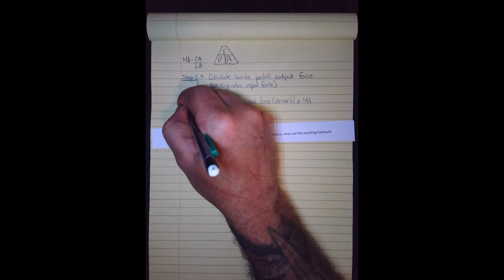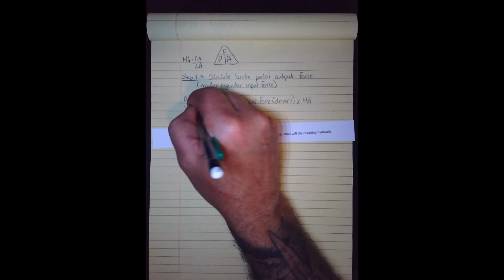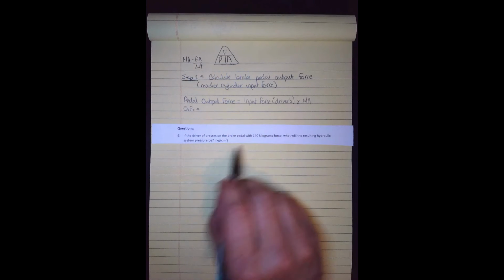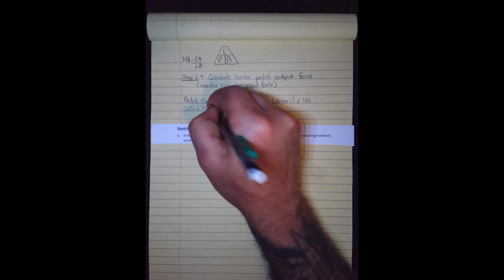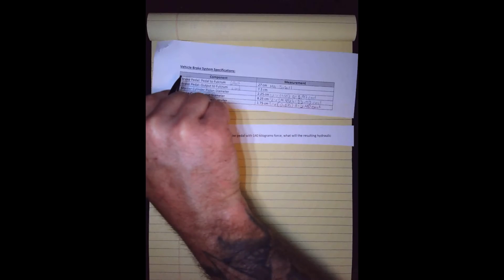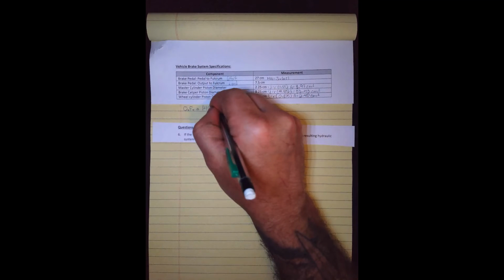So we'll go output force equals input force, which was 140 kilograms, multiplied by our mechanical advantage, which in this case is 3.6 to 1.